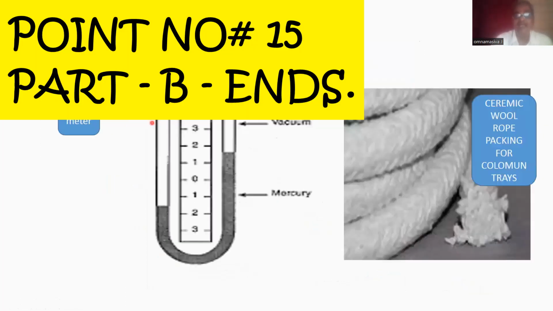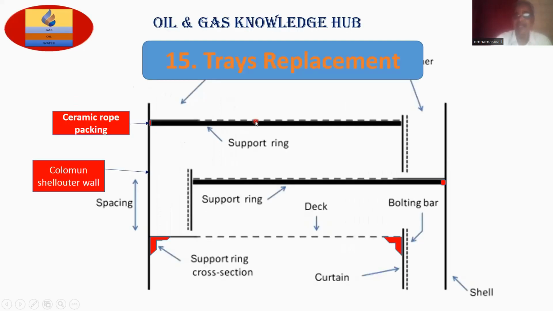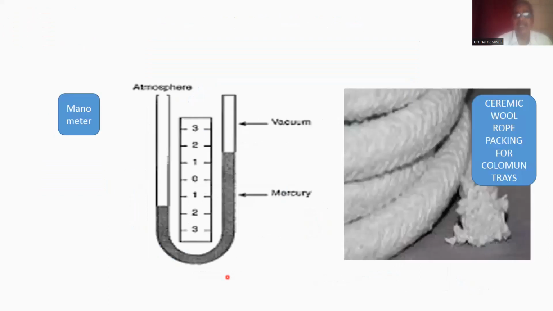A manometer will be used to see the level of the trays. You can put the manometer here, and if you check, both are at the same elevation. For that purpose, a manometer will be used inside the column during installation of the trays. Especially, remember this.